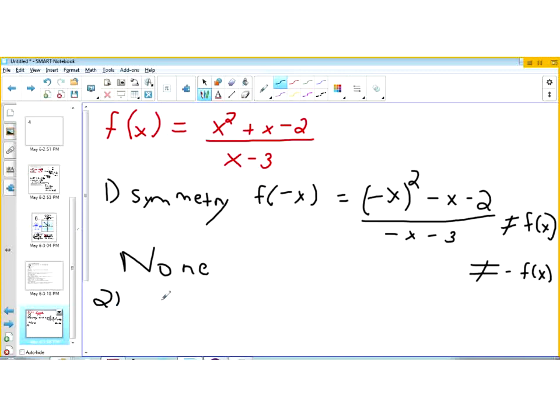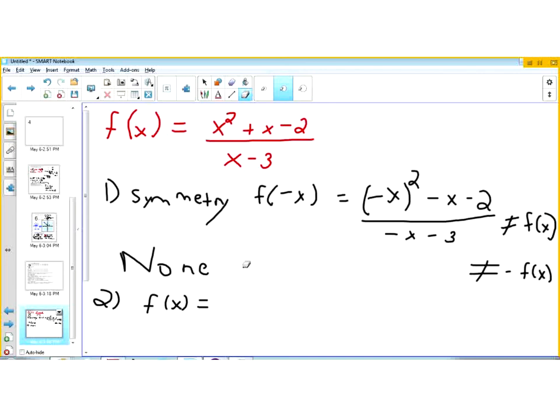Next, we want to find the vertical asymptotes. Well, we can almost do that by inspection. If we factor the numerator, and the reason why we want to factor the numerator is to check to see if we have any holes or any cancellations. The numerator factorization would be x plus 2 times x minus 1.